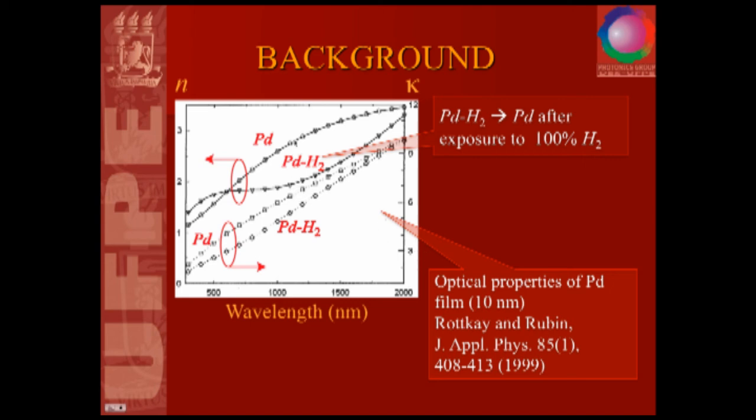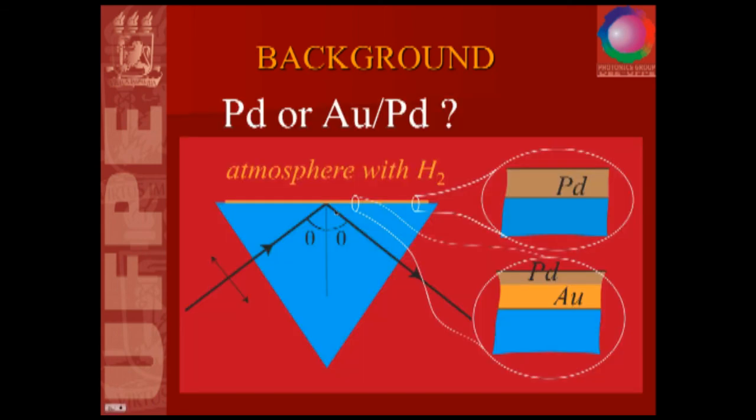So we have a region where there's a maximum change, but we also have to consider the specificity of the surface plasmon resonance technique, the region of maximum sensitivity, combined with this. To give you an idea, we have to determine whether we should use a single palladium layer or palladium with a gold underlayer.